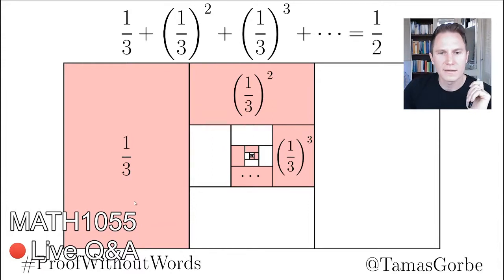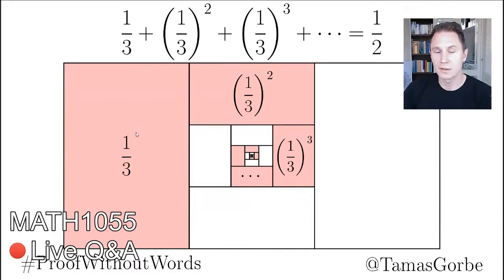And you can see that if you want to add up these areas, you will get this infinite series, this geometric series. But if you look at the picture as a whole, you see this pink spiral and you see the white spiral, and they have the same area.